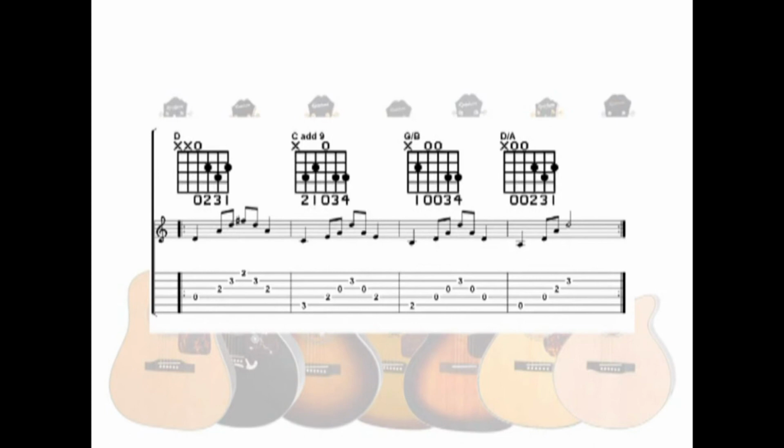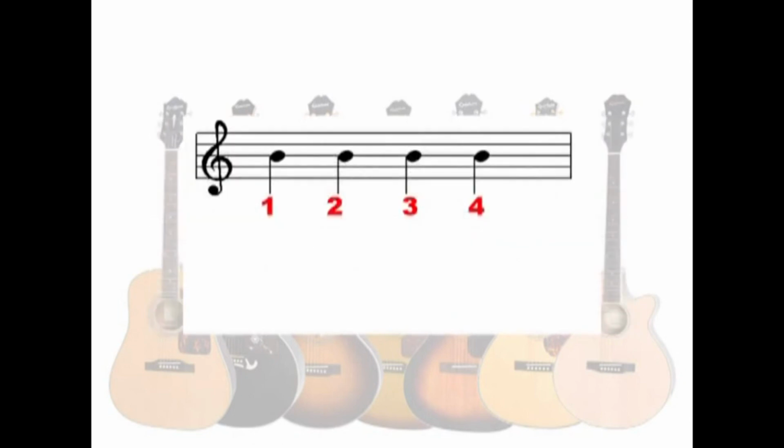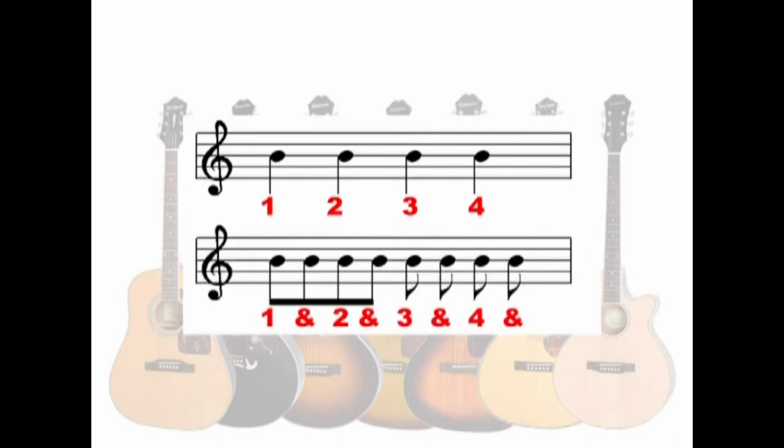An eighth note divides a beat into two pulses, so instead of counting 1, 2, 3, 4, we now count 1 and 2 and 3 and 4 and.